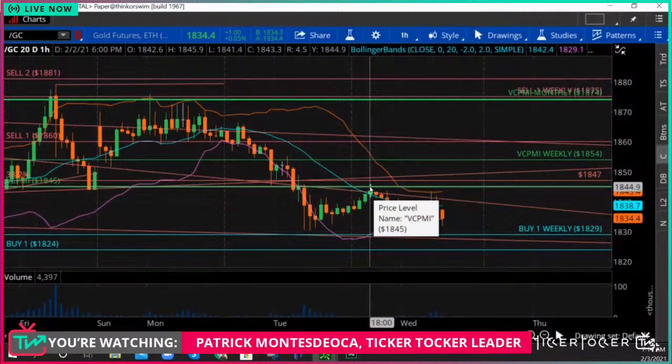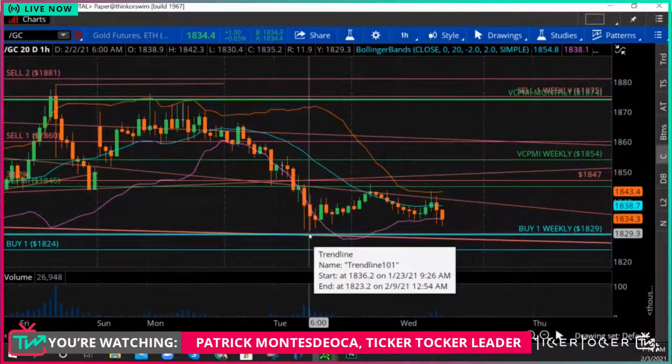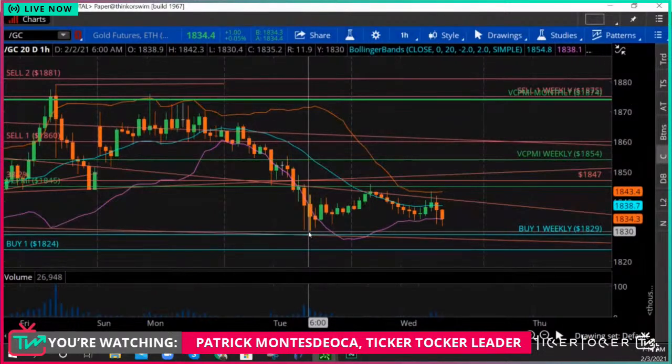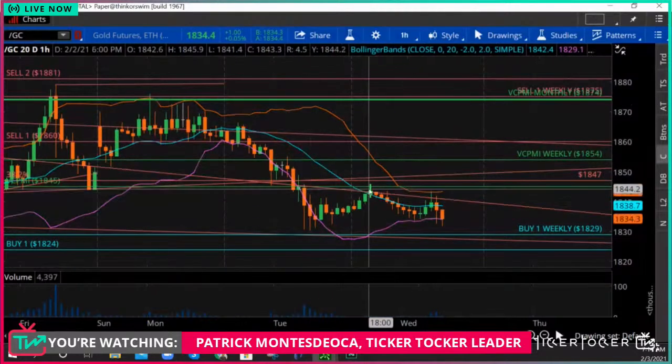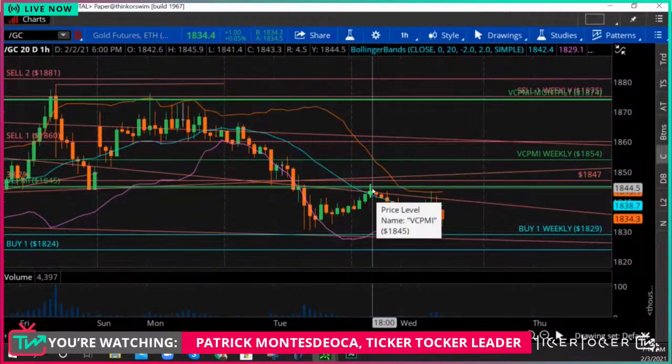So if you carried a futures position overnight, and depending upon the number of contracts that you have, you want to use these targets to get out of your position, especially if you have one contract.